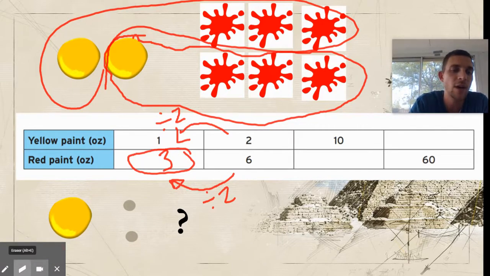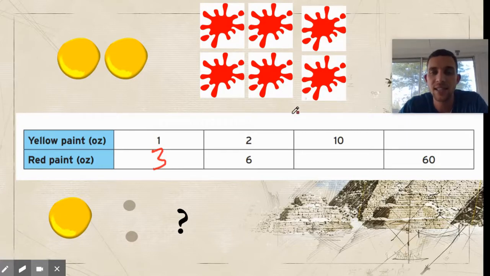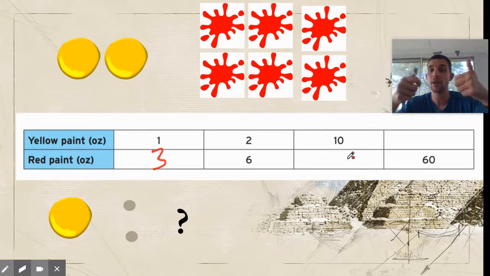Now we have to figure out what we're going to do. We know that this is 3. If I had 10 yellow paint, how much red paint would I need? We just scaled down. Now we need to scale up, and when we scale up, we are going to multiply.